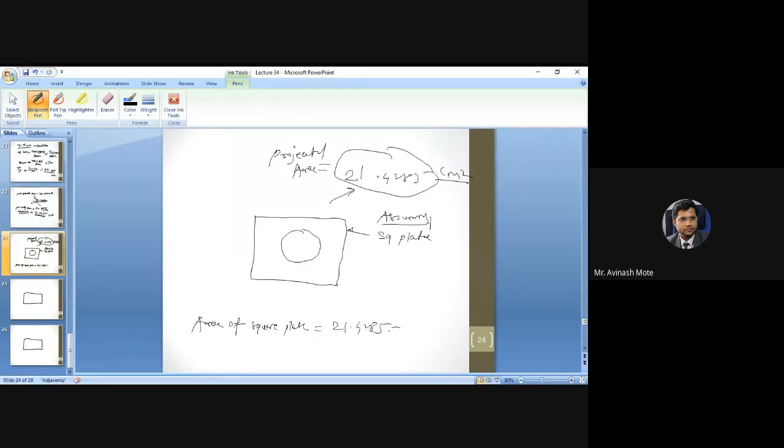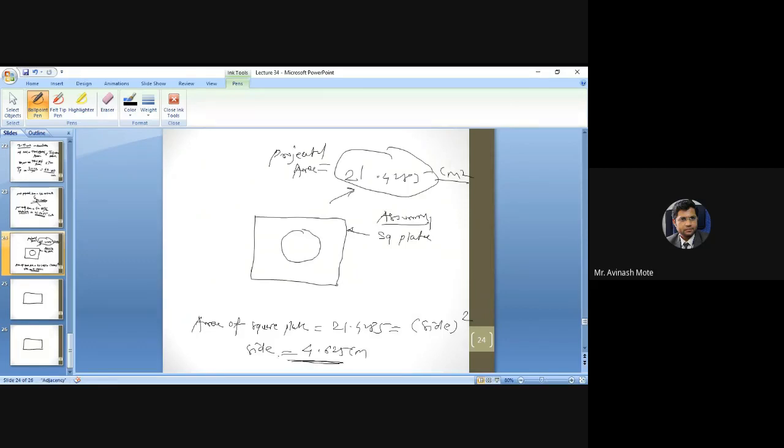This is nothing but the side squared. So if you take the square root of that, you will easily get the side of that particular surface. That side is coming between 4 and 5, 4.625 centimeter.